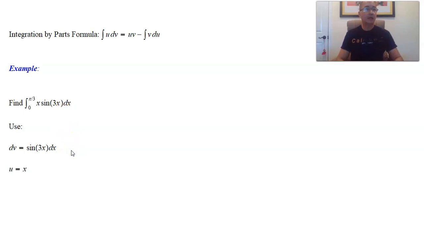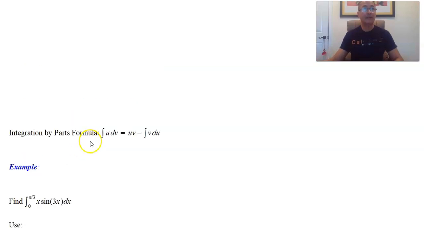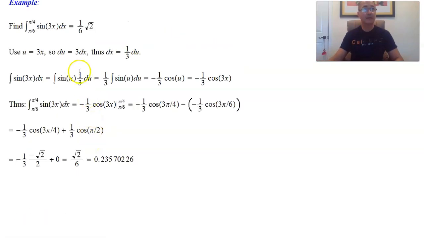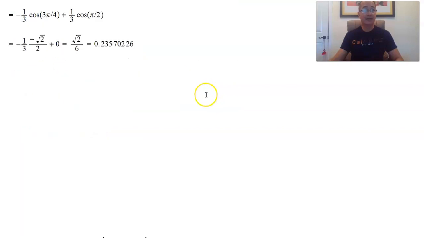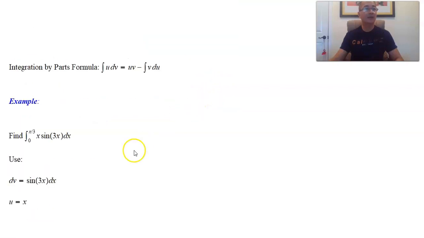I chose this example because we already integrated sine of 3x dx in our last example. We said that the antiderivative of sine of 3x dx is minus 1/3 cosine 3x. So we already have that.